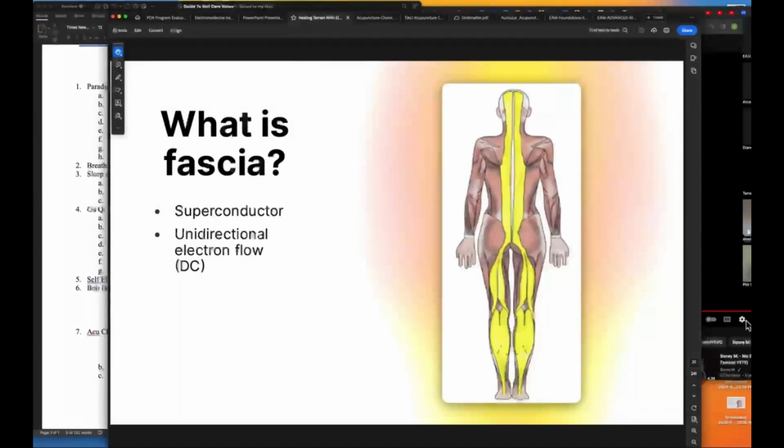So the ren channel numbering system is incorrect. And the rest of the channels flow in the direction that they're numbered. So stomach 1 on the eyeball, the energy flows down to stomach 36, keeps flowing down to stomach 45, curves around and enters the spleen channel and starts flowing up the body.